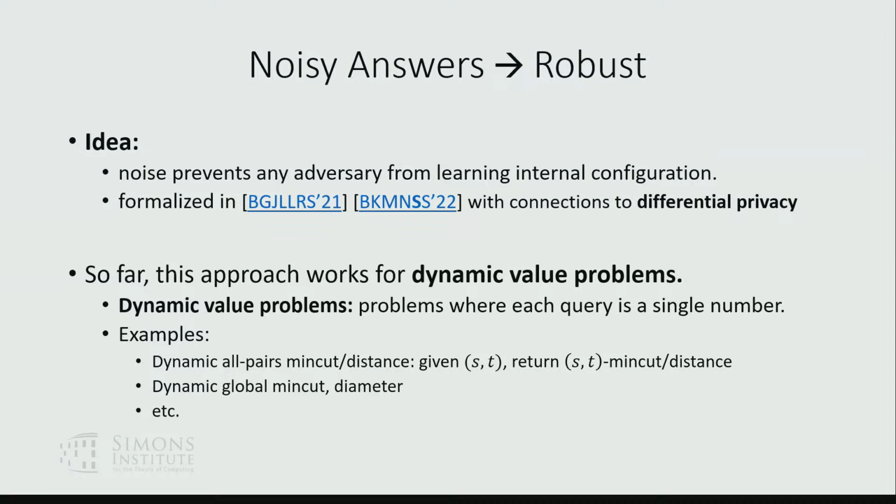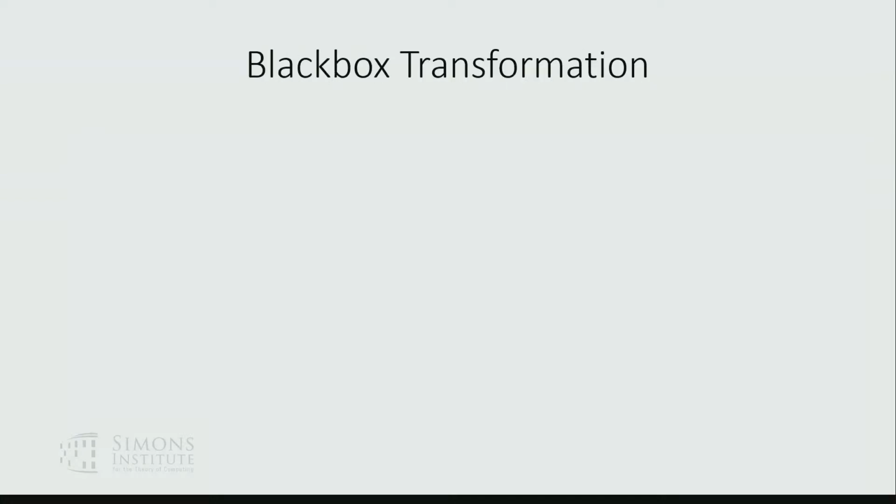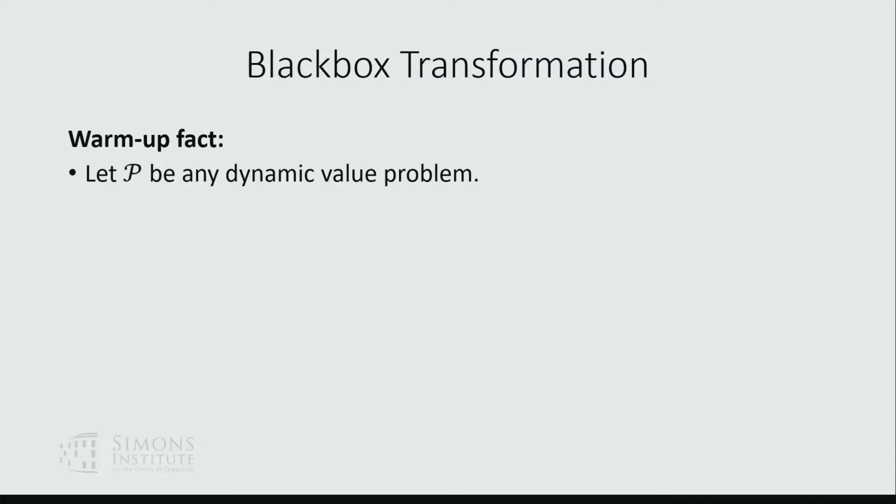So I'm gonna tell you what is the black box that transforms any non-robust algorithm for dynamic value problems to a robust one. And actually, if you don't care much about efficiency, this is easy to achieve. Because let's say you have some problem, which is dynamic value problem P, and there is some non-robust algorithm against oblivious adversary.